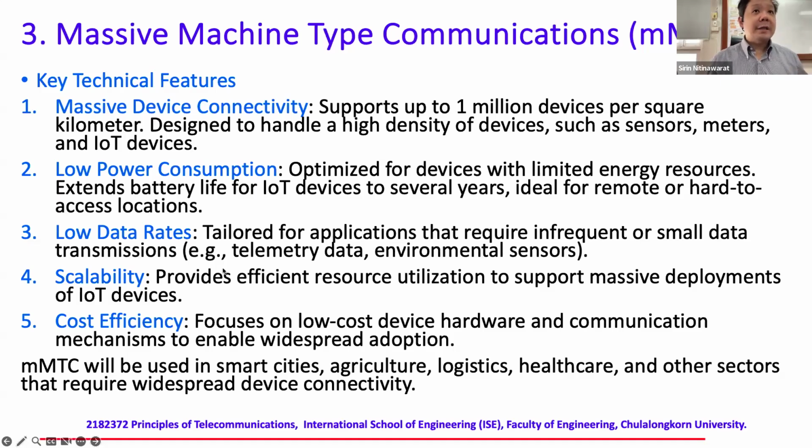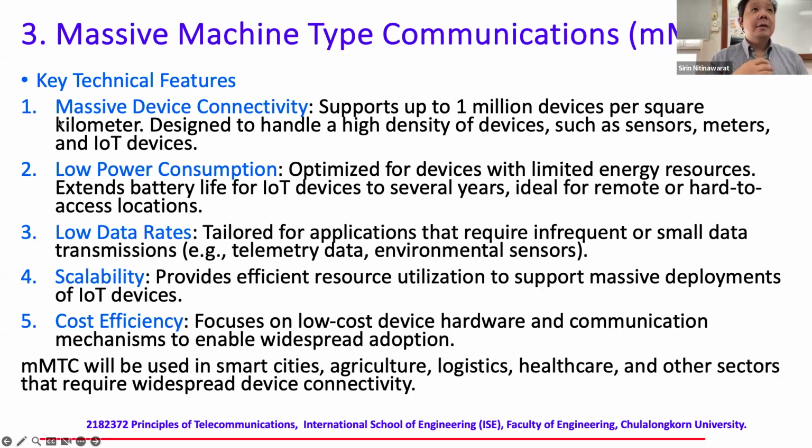Because there are several devices, most of them are designed to be deployed for a long time, so that means their batteries have to last a long time. So the network should support low power communication to these devices.